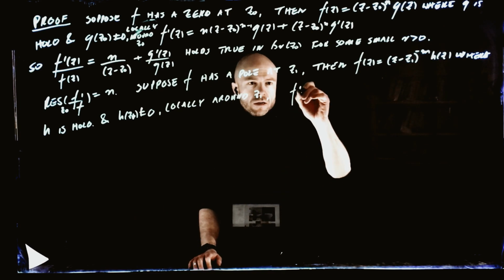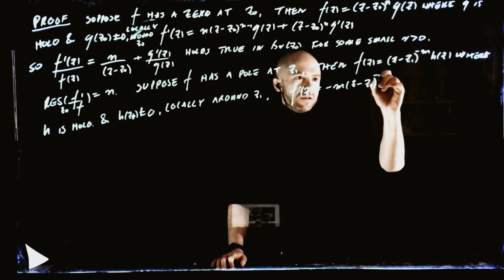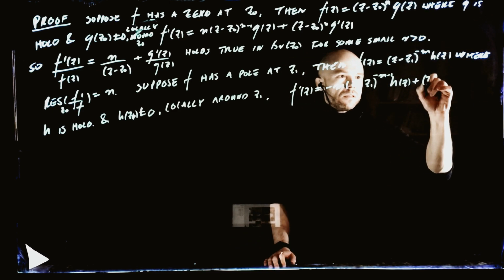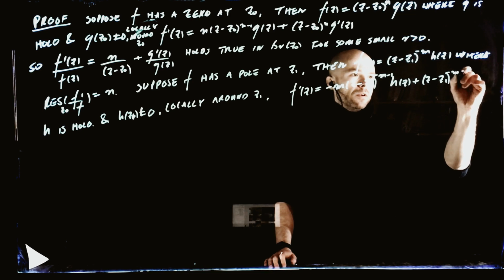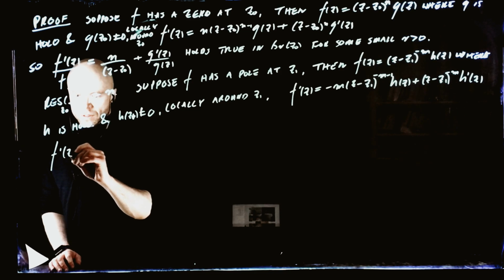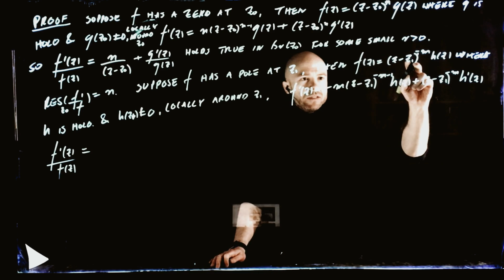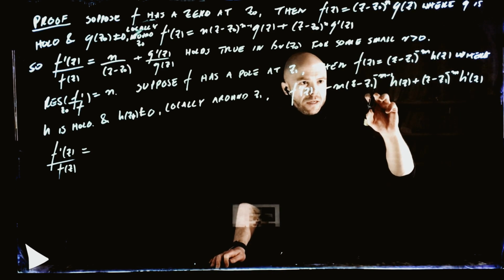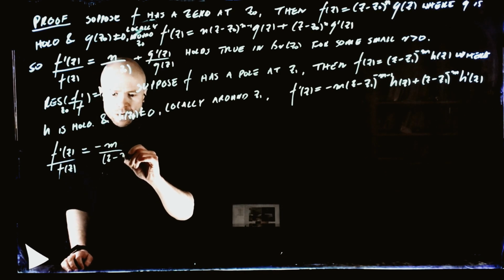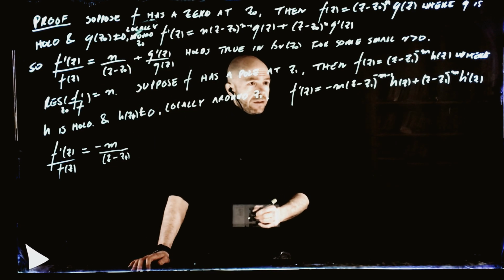And then we do the same thing. We're going to differentiate this guy. f prime of z, we have minus m, (z minus z1) to the minus m minus 1, h of z, plus (z minus z1) to the minus m, h prime of z. And then when we consider this quotient, f prime of z over f of z, using this representation and dividing through by this, we're going to have minus m over (z minus z1), like this.